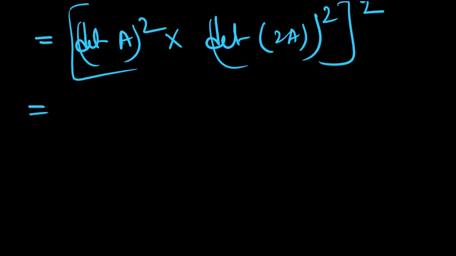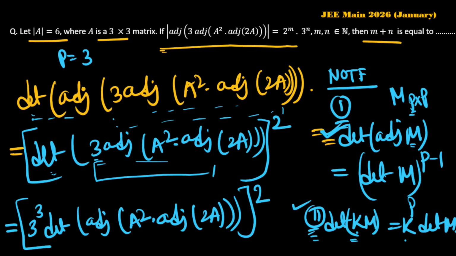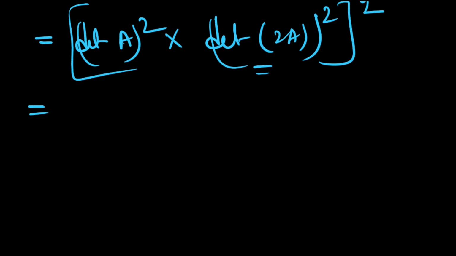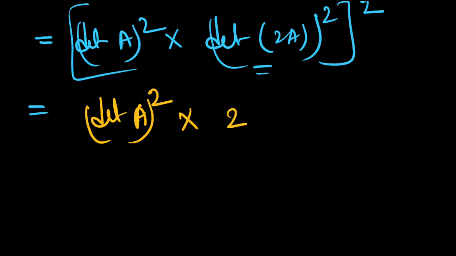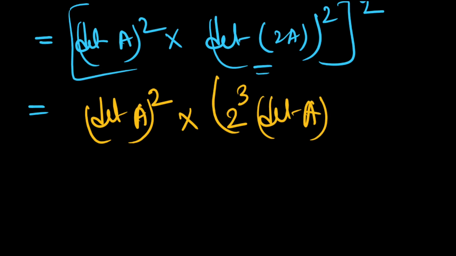So from here we use this second formula: determinant of any constant multiplied by a matrix is equal to k power p into determinant of M. So we use here determinant of A whole square into 2 power 3, because p is 3, into determinant of A, and that power is 2.